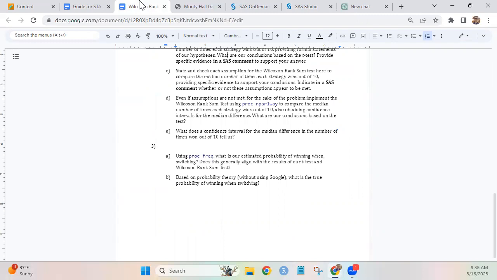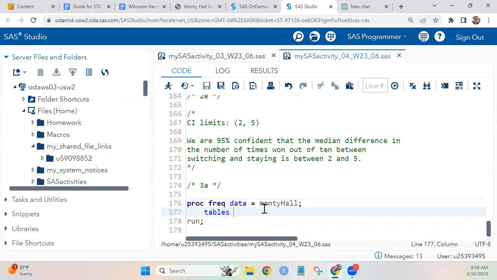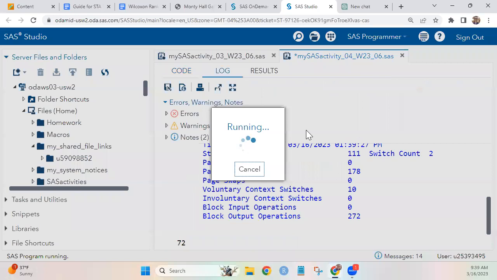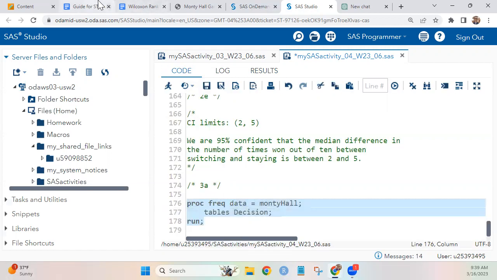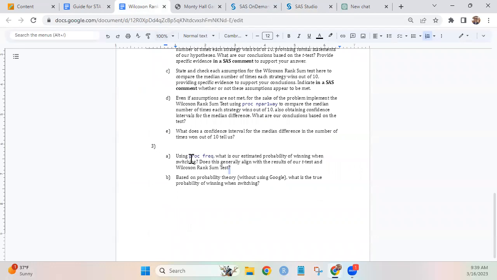I don't think we want to use proc freq here, actually. No, I don't know why I wrote that in the activity. That's not what we want to do here. No, that's not meaningful. Okay. Scrap this last part of the activity. We're not going to use proc freq.